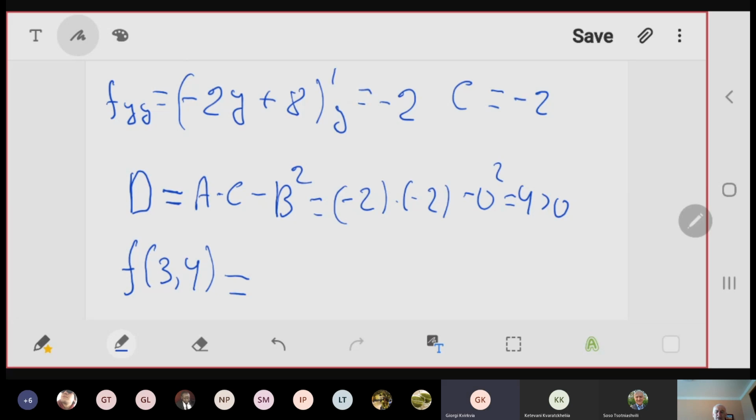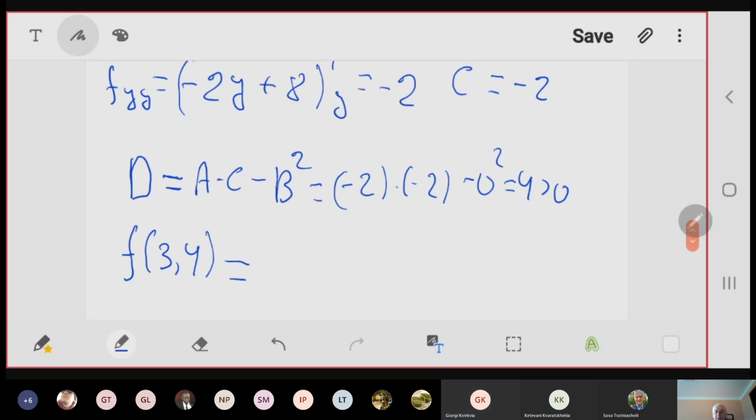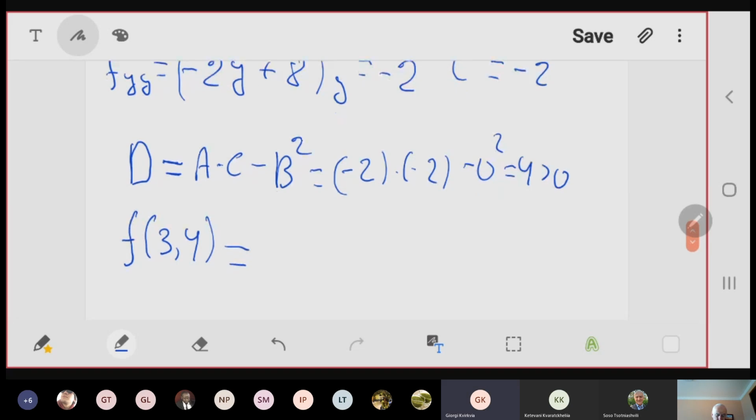So we need to find maximum or minimum? Is it a local minimum or a local maximum? Okay, very good question. So I missed one step, and thanks for this note.